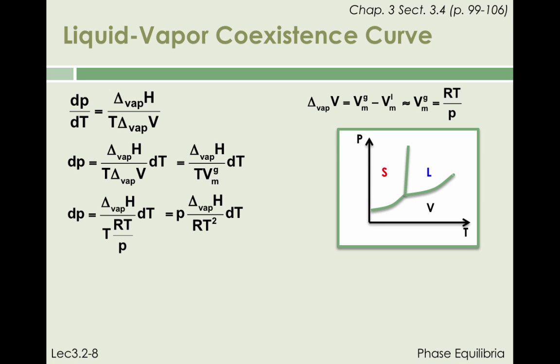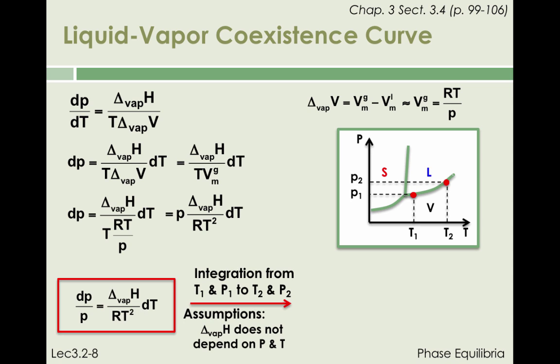This equation is rearranged one last time to separate the variables P and T, so it can be integrated between the initial state T1 and P1 and the final state T2 and P2.